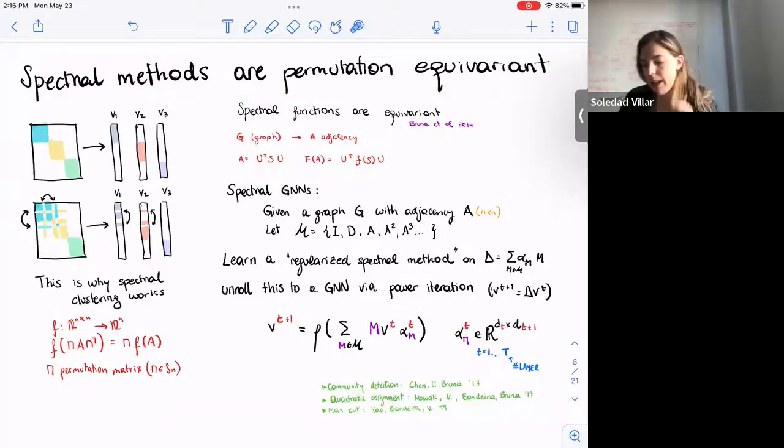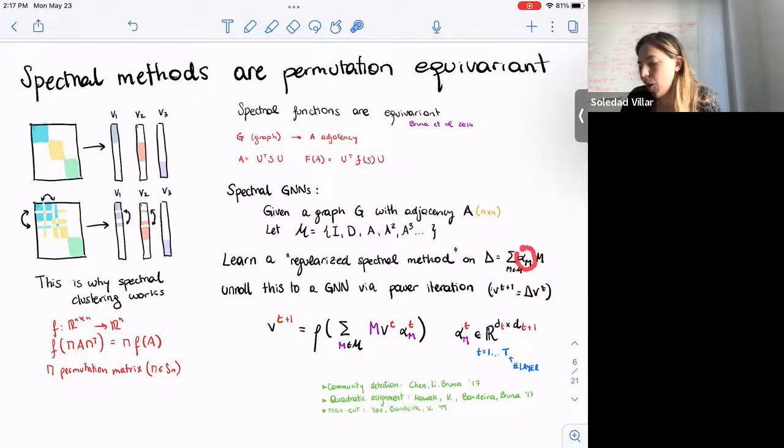Another way to do it is to consider these spectral GNNs, which take a set of operators associated to the graph, like the identity, the degree, and powers of the adjacency, and then learn a way to combine these operators in the form of a regularized Laplacian, which is a linear combination of these operators.